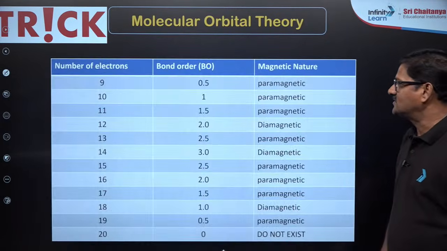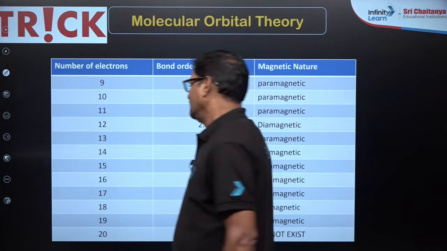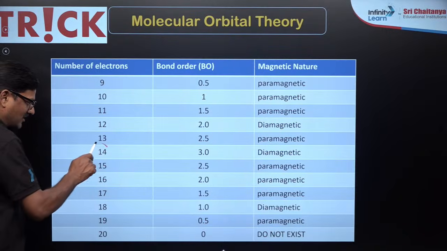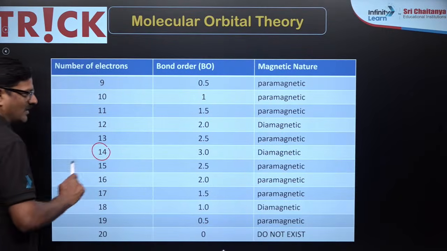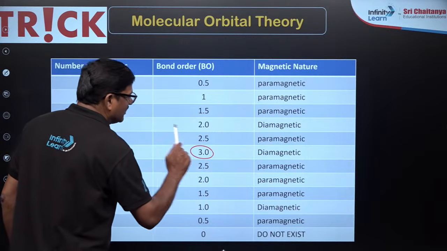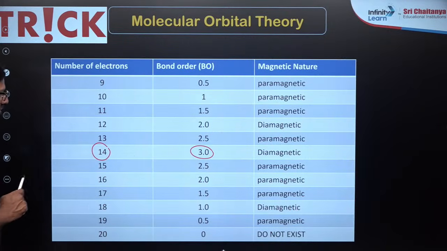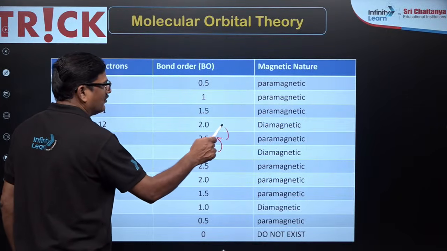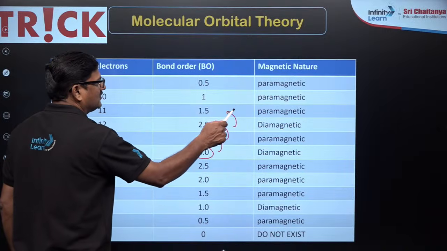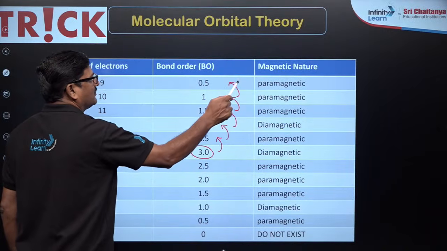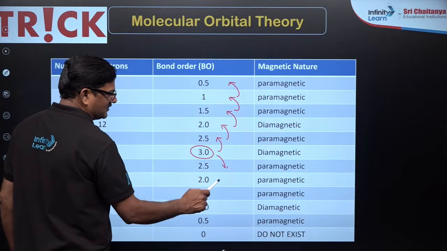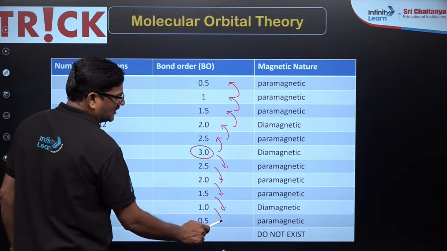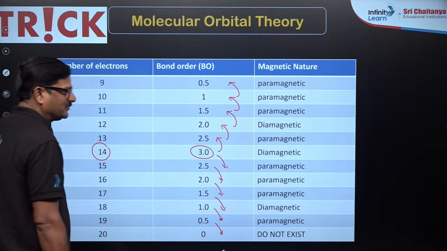Write 9 to 20 and take nitrogen 14. Its bond order is going to be 3.0. So from 3.0, decrease by 0.5 each time, 0.5, 0.5, 0.5, 0.5, 0.5.